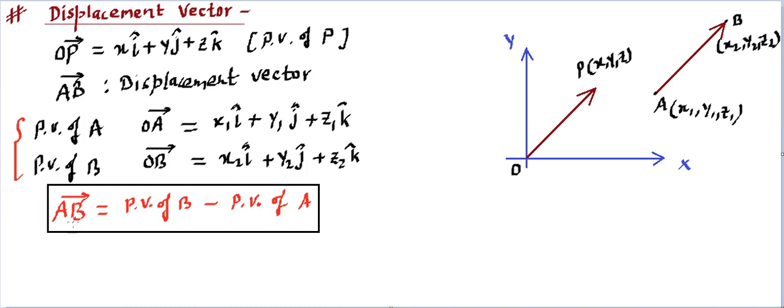So how to find it? The AB vector is equal to the position vector of B minus the position vector of A, which can also be stated in this manner: the AB vector is equal to the OB vector minus the OA vector.